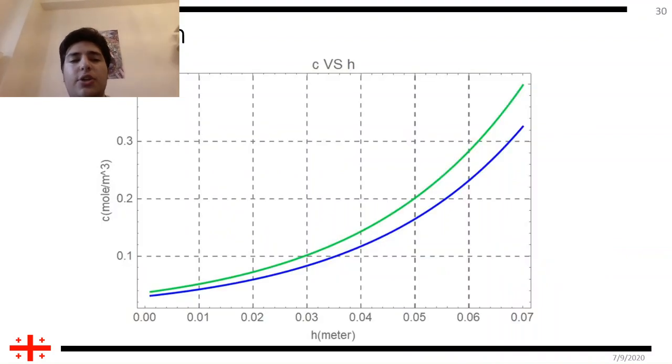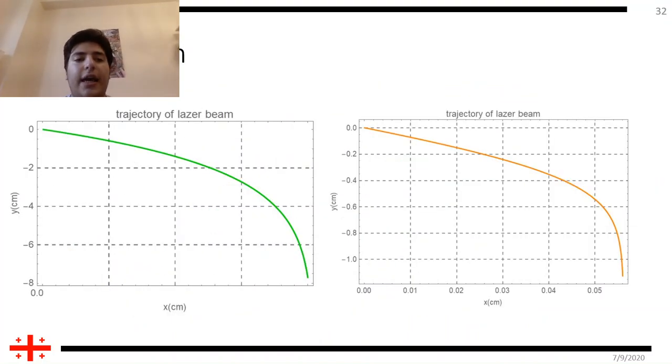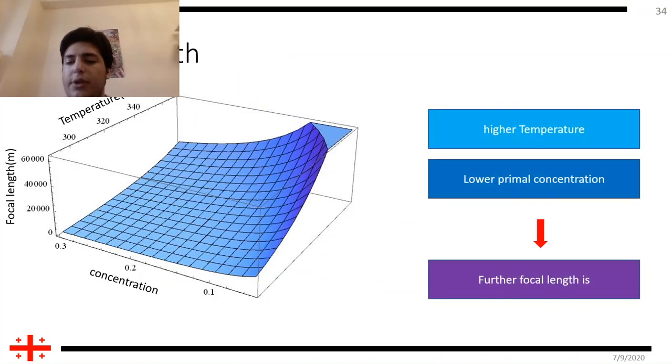And these are the main results in our problem: concentration distribution, refraction dependence on the concentration, and the final trajectories of the laser beam. The imaginary position was investigated too, and also the focal length.